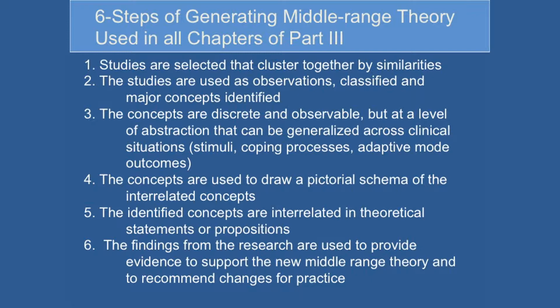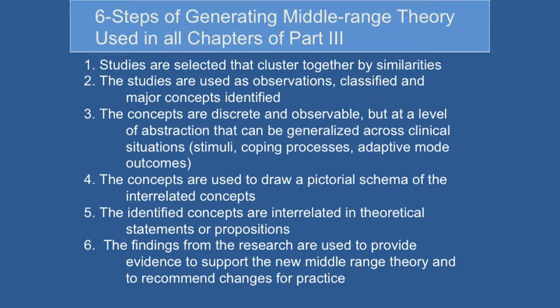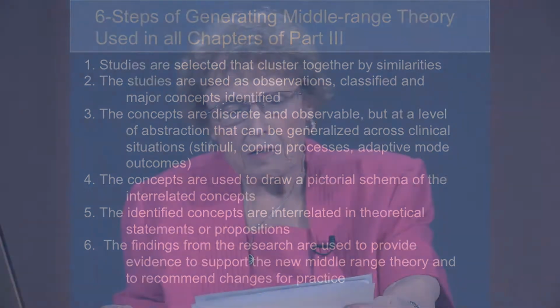And then the last step is the one we find very important, because that's where we want the findings from the research to be used to provide evidence that can support the new middle range theory and also recommend changes for practice.